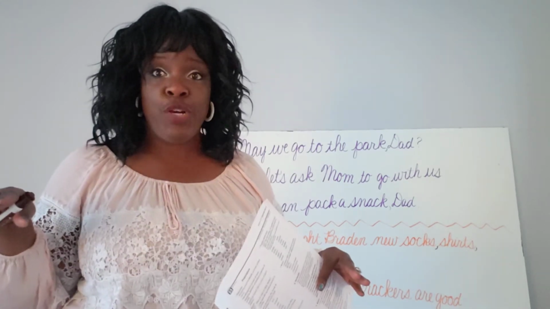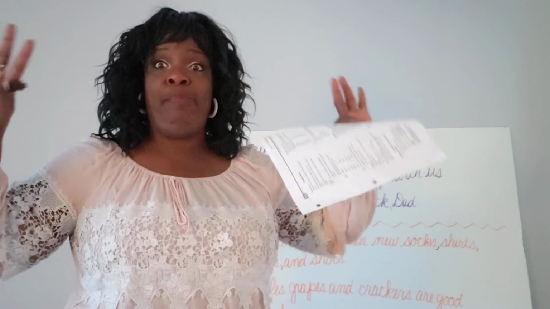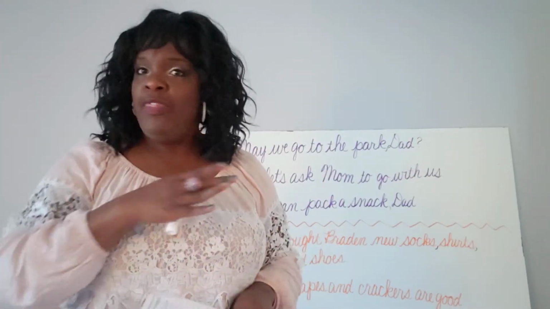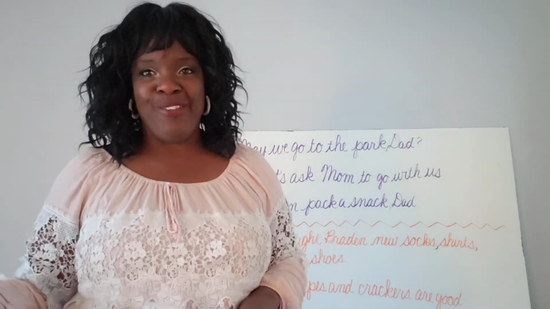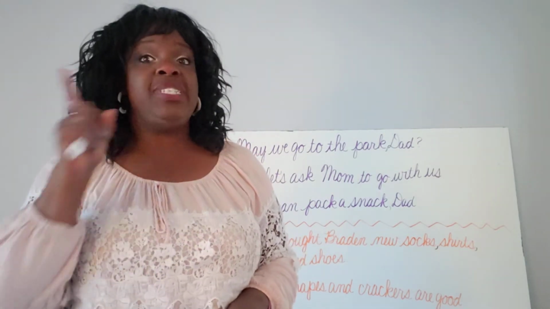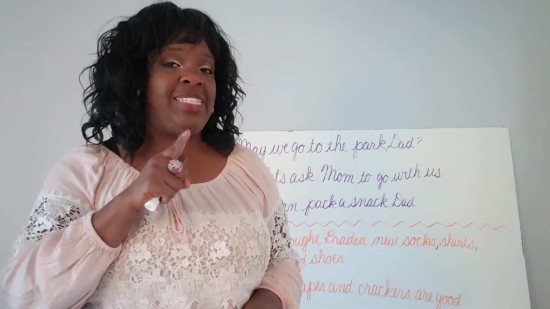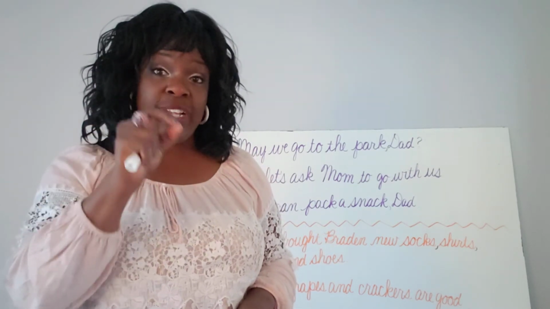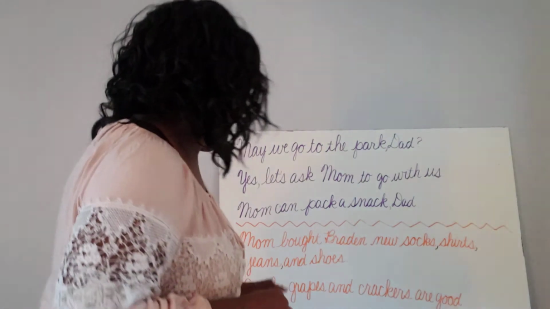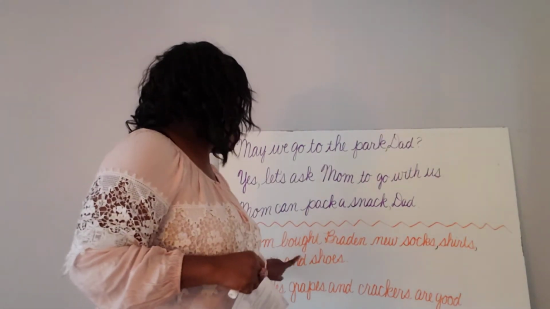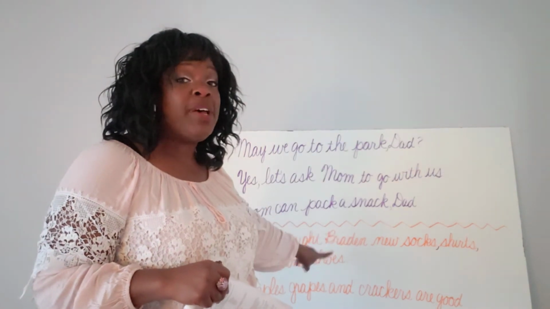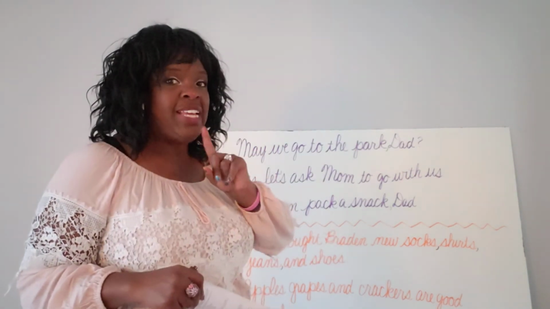Once that winner is determined, they're the World Series champions. There's no more games until the next year or the next sentence. So instead of world series, we're going to say word series. So when we have words in a series, like socks, shirts, jeans, and shoes, we're going to put those commas in between the word series.